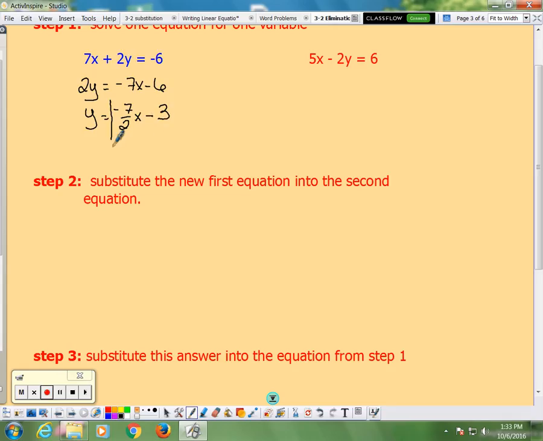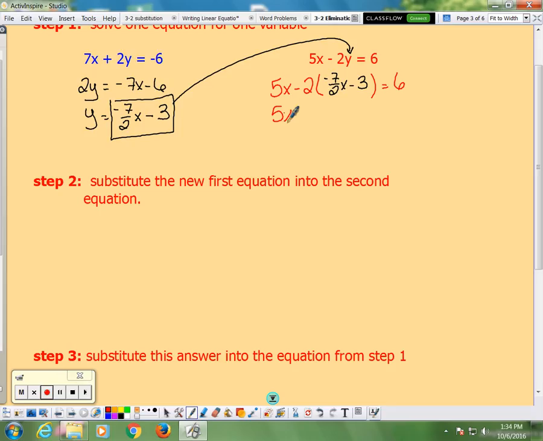So here is the stuff that I need to plug in for this y right here. So when I do that, I get 5x minus 2 times the stuff, which was negative 7 over 2x minus 3. And that needs to equal 6.